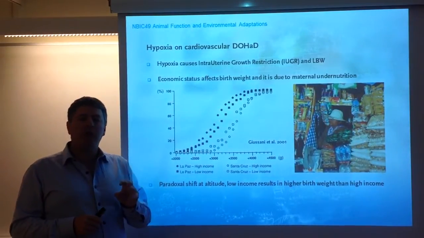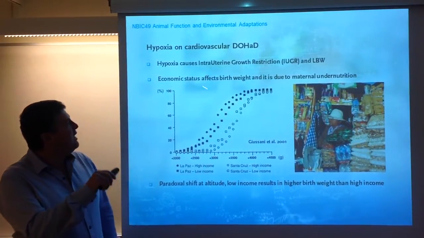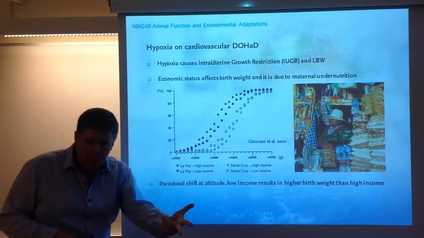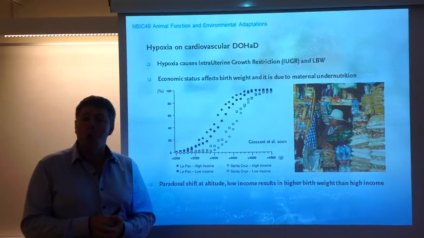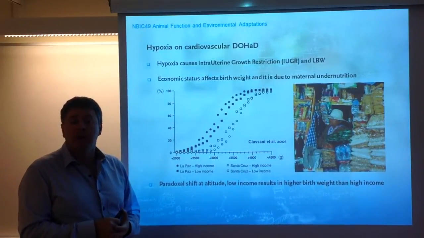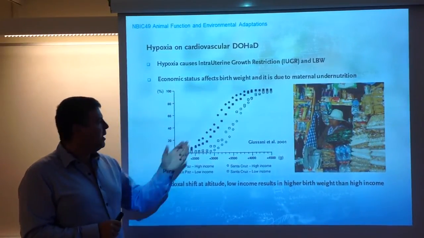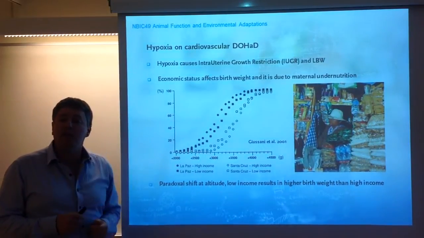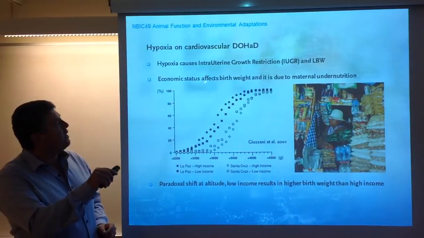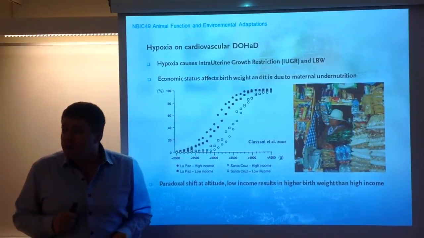So what you see here is that at low altitude, economic status kicks in, and babies from families that have a low economic status are smaller. But in high altitude, in the city of La Paz, it's the opposite. So in La Paz, it's not economic status that matters, it's adaptation to altitude.